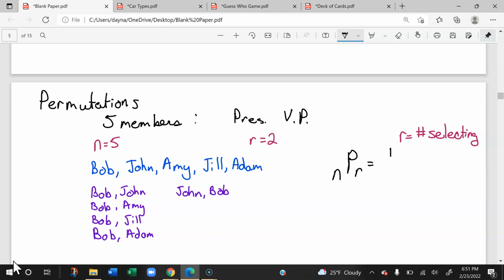That's equal to N factorial, this exclamation point is factorial, and I'll explain that in just a moment, divided by an N minus R factorial. Now a couple of things to think about here. Your R can never be greater than your N, because first of all, you can't have a 0 in the denominator or a negative number. We can't do negatives.